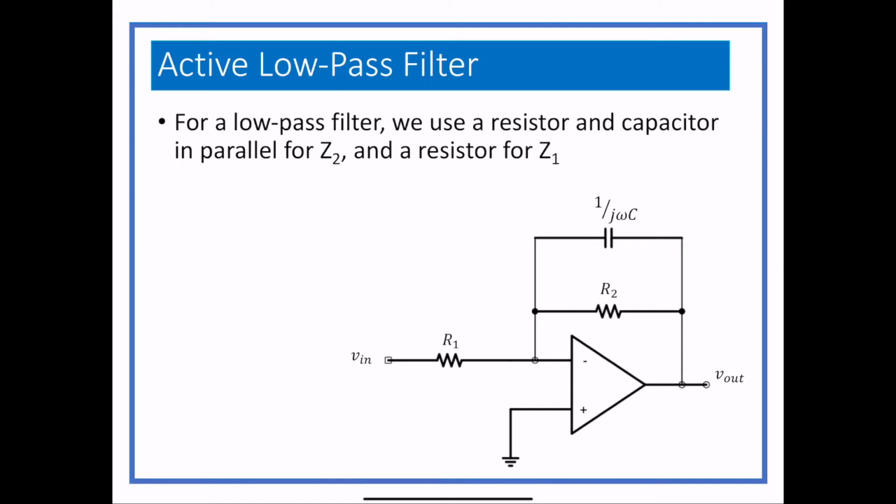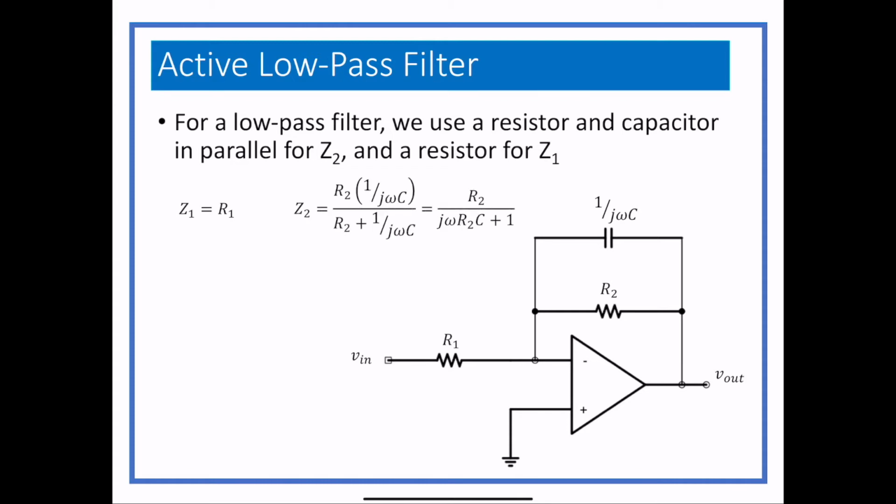In order to figure out the value of the transfer function, and this is going to be a frequency-dependent transfer function, instead of just giving us an output based on the ratio of resistors, it's going to give us an output based on the components, but also based on whatever frequency we're using in the circuit. So Z1 is R1. That's relatively simple. And Z2 is just R2 in parallel with 1 over j omega C.